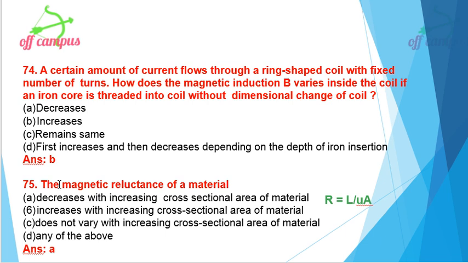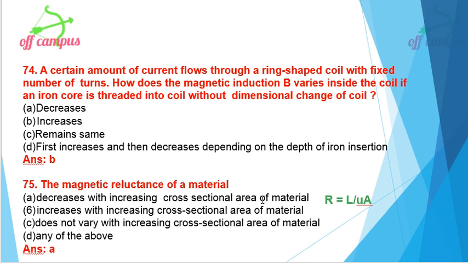Then the magnetic reluctance of a material. What is the reluctance formula? First of all, R equal to L by mu A. This is mu, not U. R equal to L by mu A. So, it is related in the options to cross sectional area. It is inversely proportional, so when the area increases, the reluctance decreases. So, the magnetic reluctance of a coil decreases with increasing cross sectional area of a material.